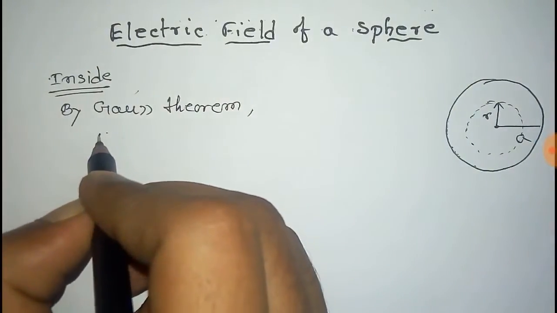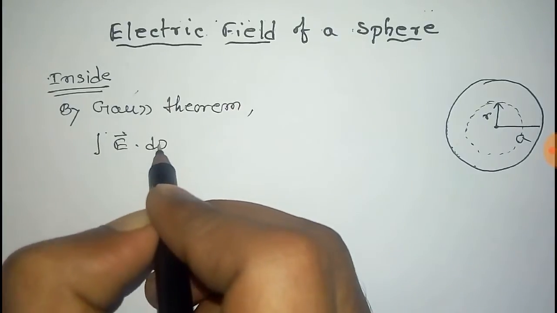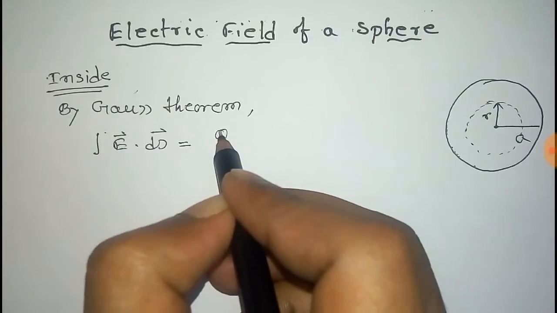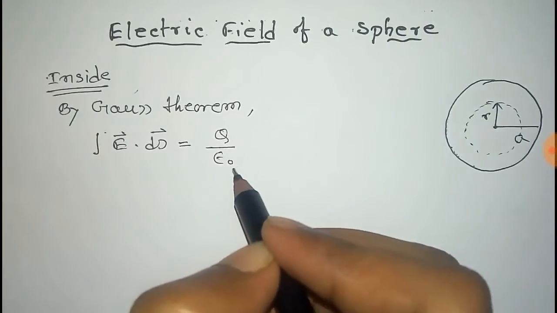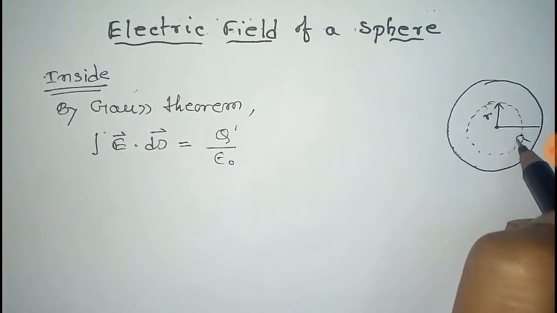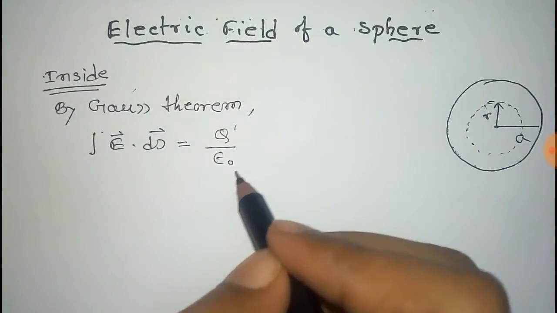By Gauss theorem we can write that the integral of E dot ds is equal to the charge enclosed by the Gaussian surface divided by epsilon naught. Now this is given as Q prime, the charge enclosed by this Gaussian surface.